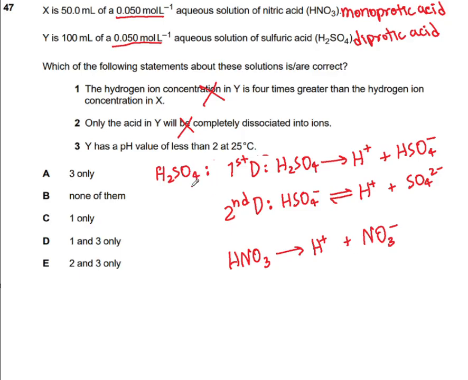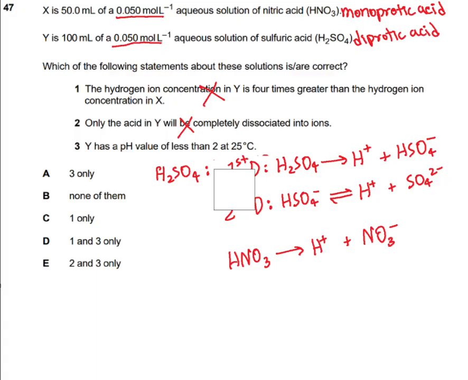But for sulfuric acid, it has to undergo 2 dissociation steps, the first dissociation and the second dissociation. The first one is basically the strong dissociation. It's a strong acid for the first one, but for the second it's quite weak, so it's reversible. So that's the reason why statement 2 is also wrong.